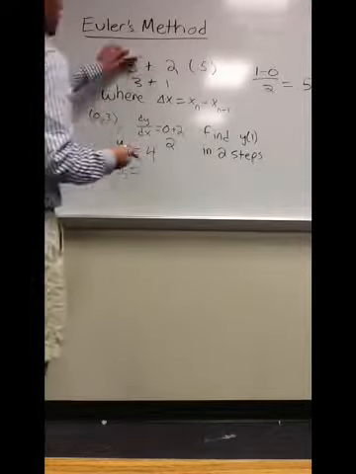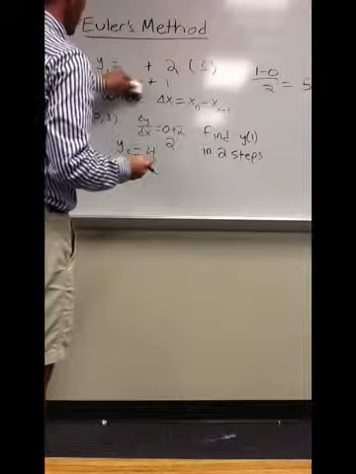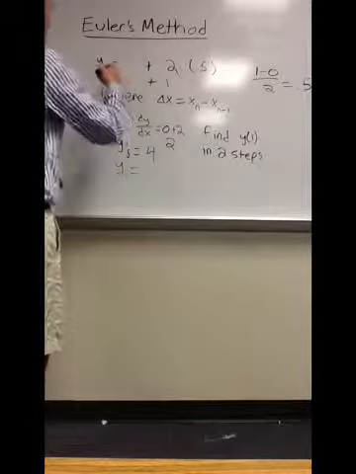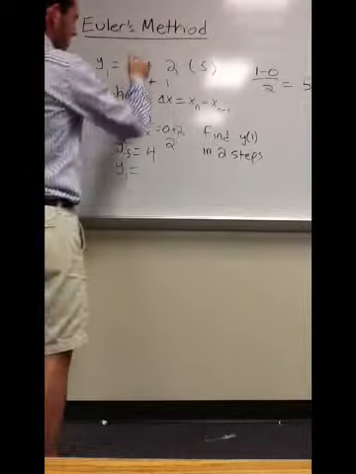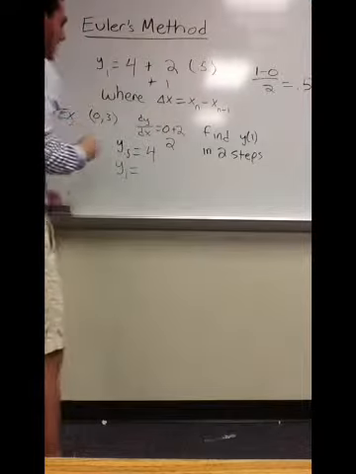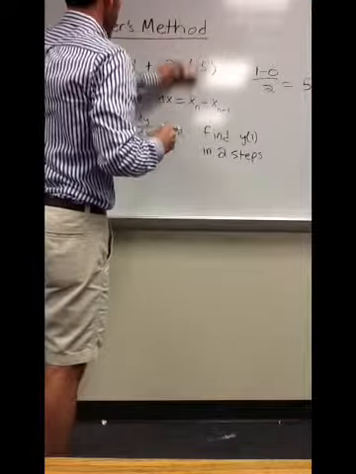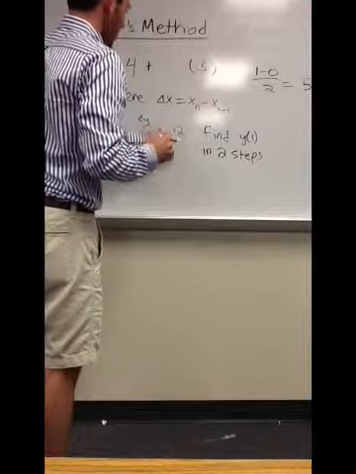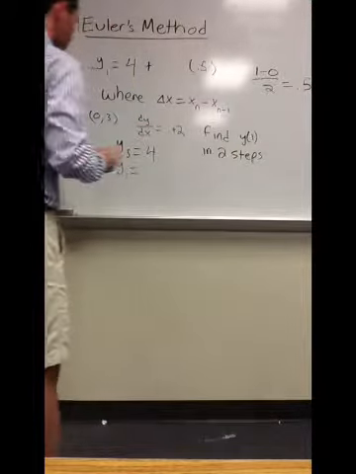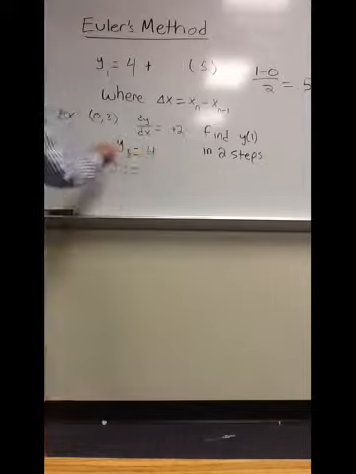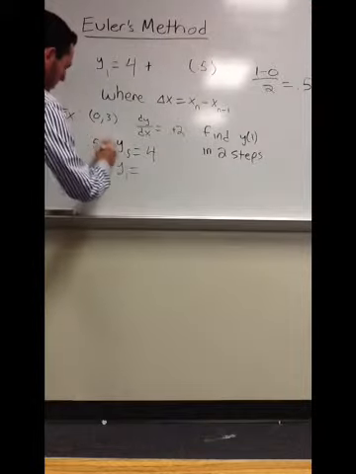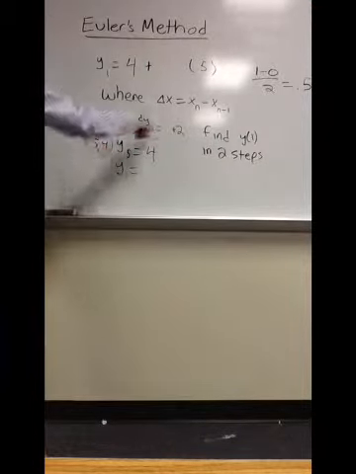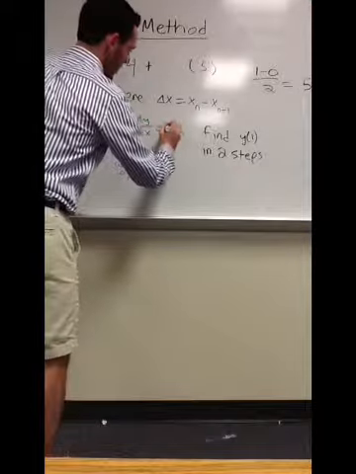Once you have that, you can take your y of 0.5 and do the same thing that you did before. So you're trying to find y of 1 now. You plug in your 4 here, because that's what you just found, and then you're trying to find the slope at this new point. The ordered pair here is (0.5, 4), so your x for this point is 0.5, so you add that here.